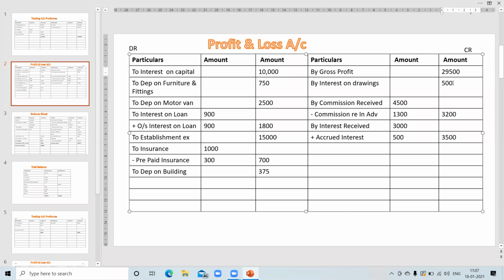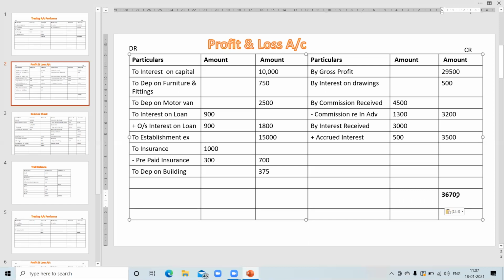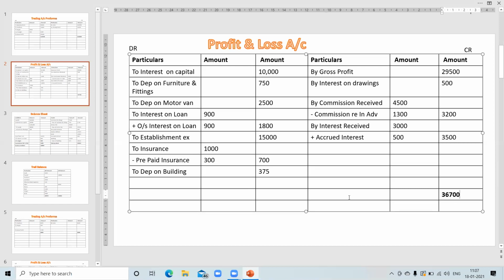For example 29 plus 30, 30, 33, 33, 36, 36,700. So if we type 36,700 on both sides, so 36,700 plus 36,700.